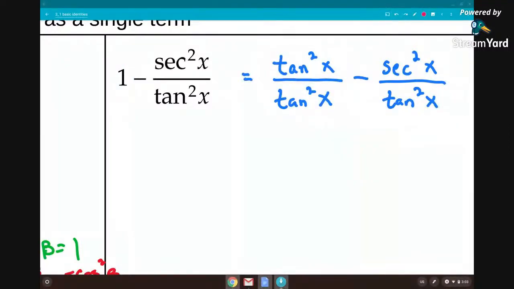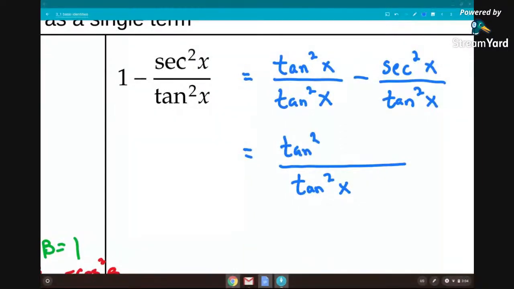So I'm going to rewrite, as I did, 1 as that fraction. And why would I be so inclined to do that? Because I think I can now combine these, since they have a common denominator of tangent squared, as tangent squared x minus secant squared x.